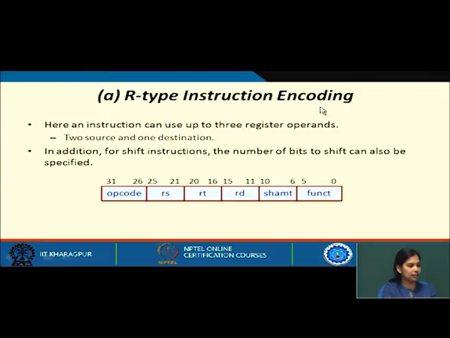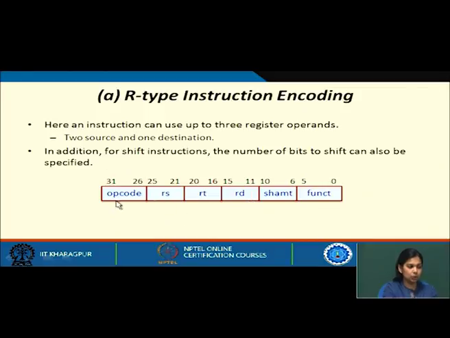Let us first see R type instruction encoding. Here an instruction can use up to 3 register operands. So, there will be an opcode, 2 source registers RS and RT, and 1 destination. As you know, there are 32 total registers, so 5 bits will be specified for each.